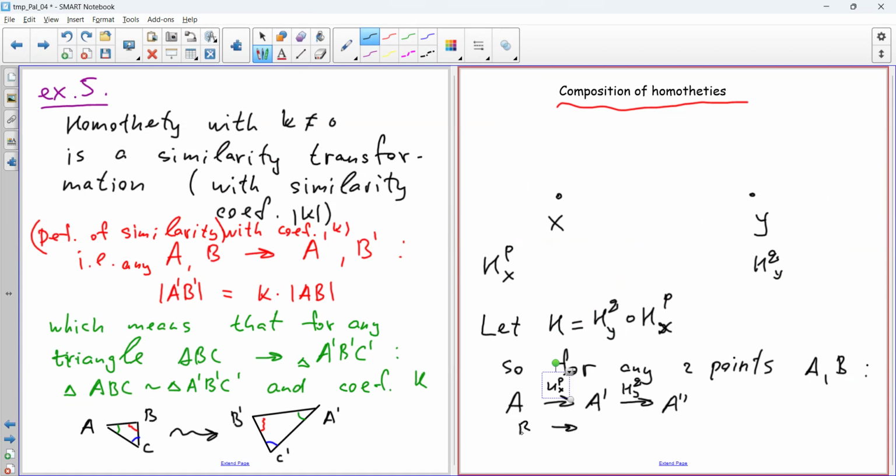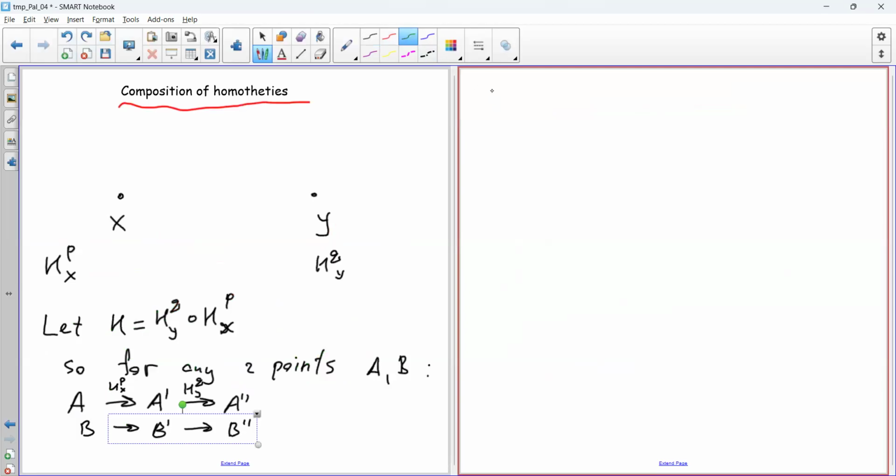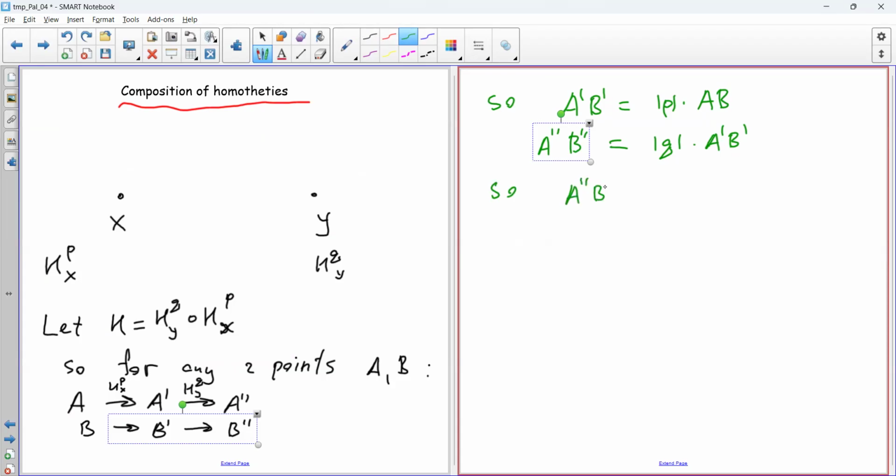Same story to B. So A prime, B prime equals magnitude of P times length of AB, and A double prime, B double prime equals same thing for A prime, B prime, and coefficient Q. So we have that A double prime, B double prime, the overall image, is related to the pre-image in this way.